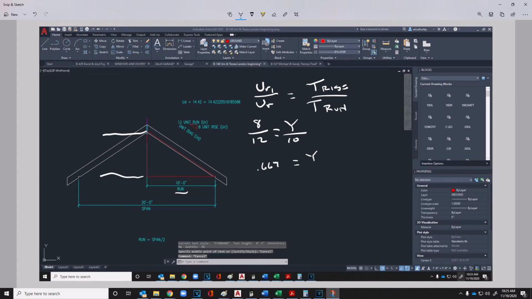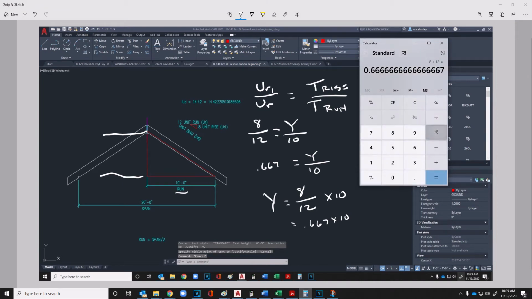is equal to y over 10. I want a figure for y, so y is equal to 8 over 12 times 10, or 0.667 times 10, which is, of course, 6.66667.